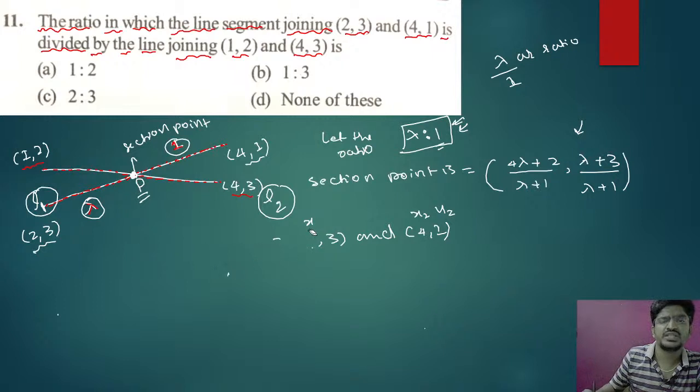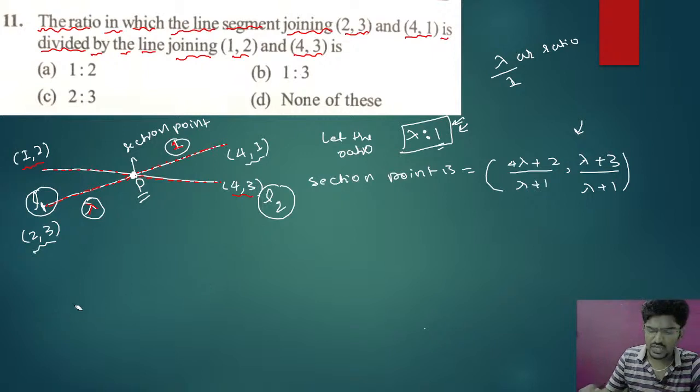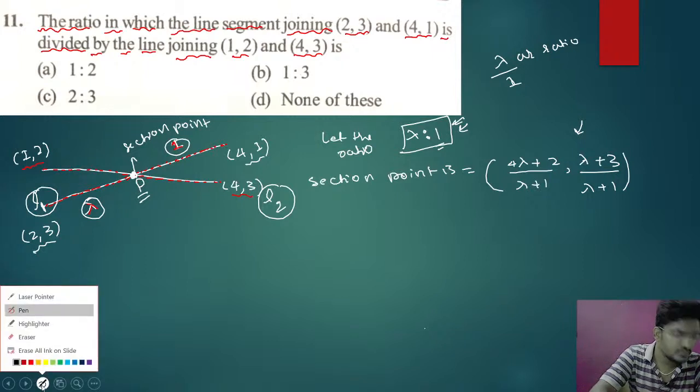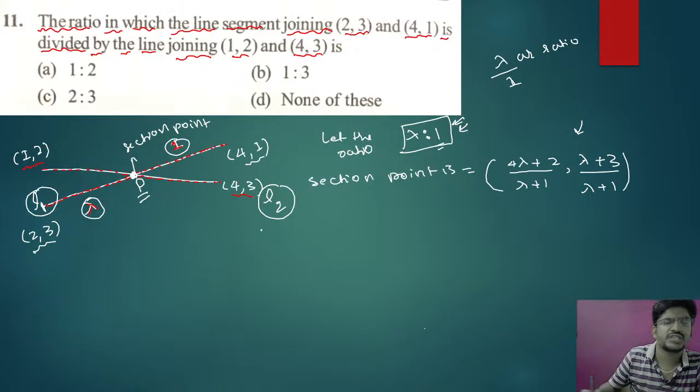So what is the equation of a line passing through 2 points? Already you know the equation of a line passing through two points.